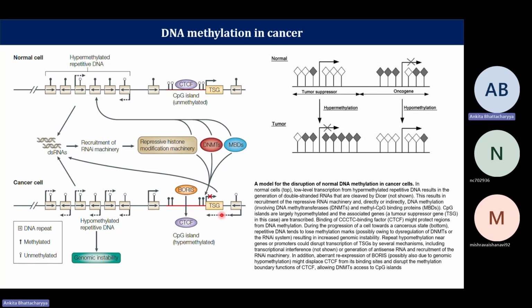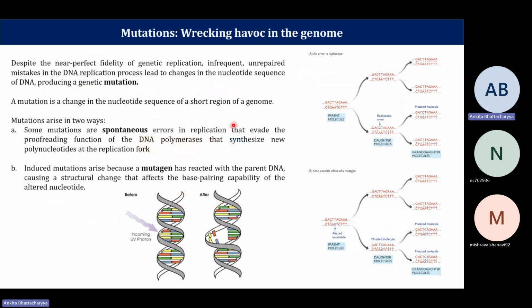Basically, what we understood from here is that there can be loss of methylation marks in some regions of the genome, and there can be also gain in methylation of some maintenance genes like TP53 or any other tumor suppressor, which can upset this balance between oncogenes and tumor suppressors and eventually lead to the progression of diseases as deadly as cancer.